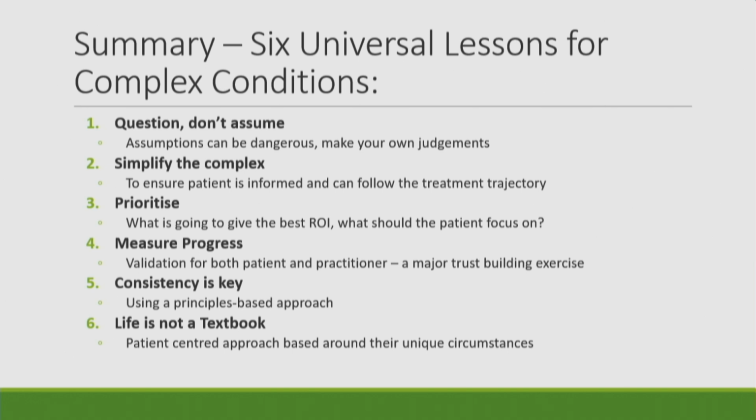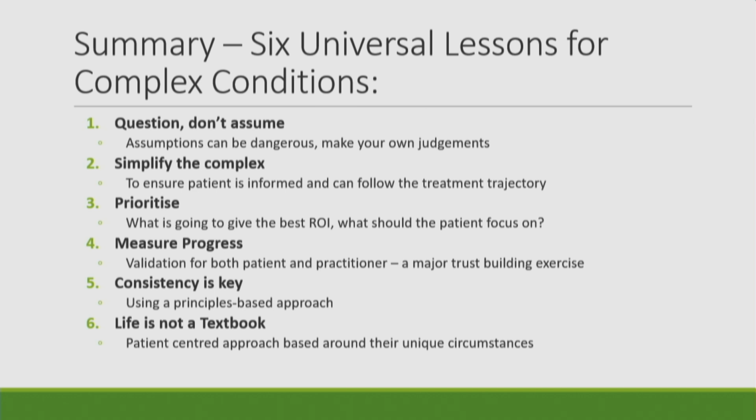So everyone is different. To summarise the 6 lessons that we've gone through from top to bottom. Number 1, question, don't assume. Assumptions can be dangerous and you need to make your own judgments and trust them. Simplify the complex to ensure the patient is informed and can follow the treatment trajectory, and they're involved in the decision making. Prioritise.